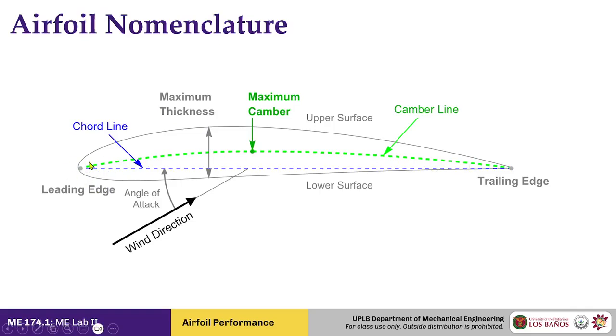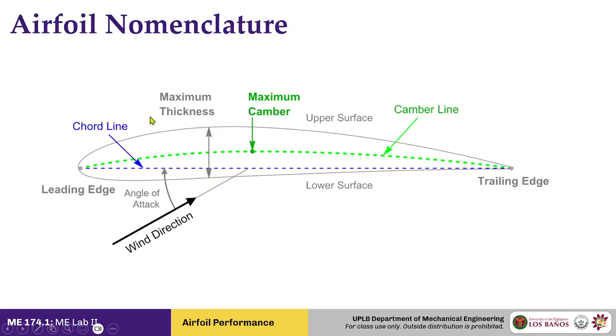The chord line is the shortest distance from the leading edge, the front of the airfoil, to the trailing edge, which is the back end of your airfoil. When we measure the angle of attack of an airfoil, we look at the wind direction relative to the chord line. That is why the chord line is important.